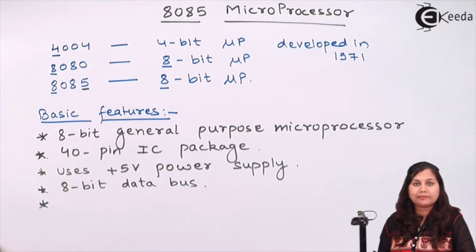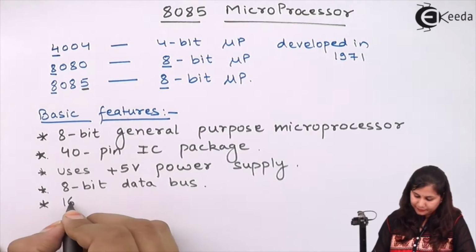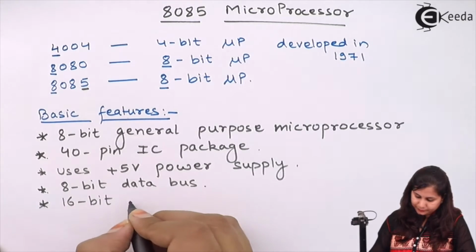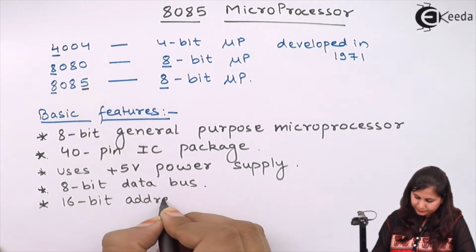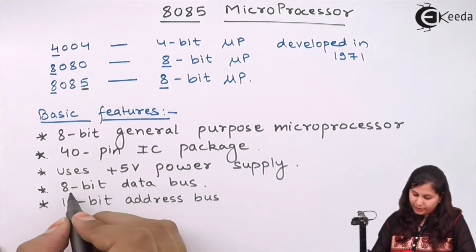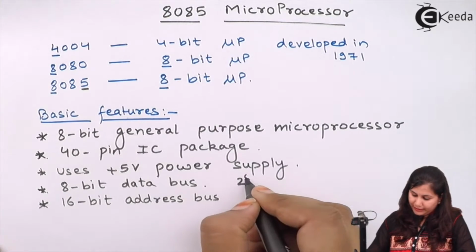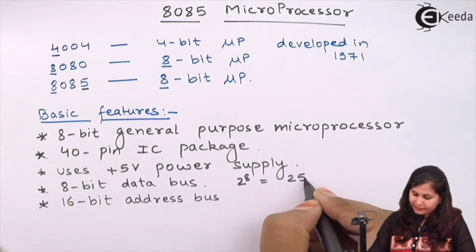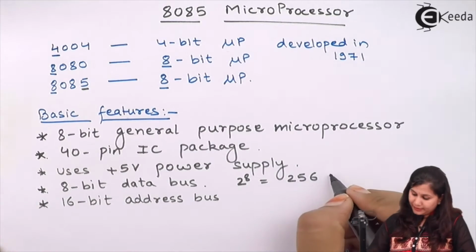It has a 16-bit address bus. So if we calculate 2 raised to the power 8, it comes out to be 256.